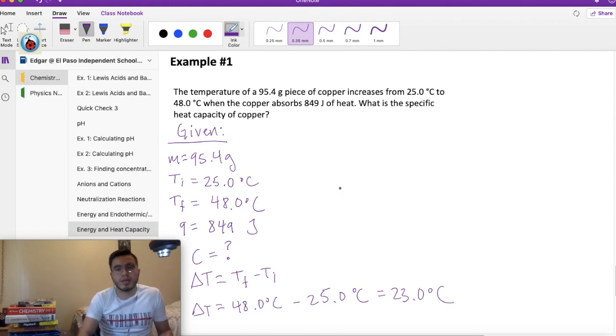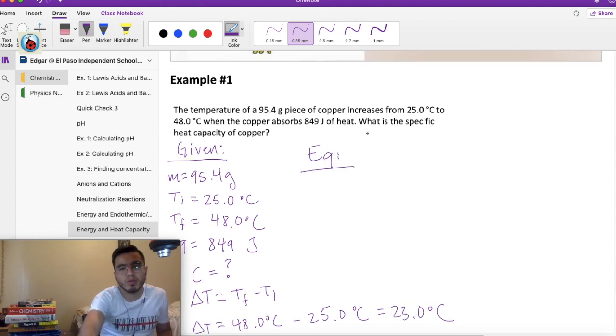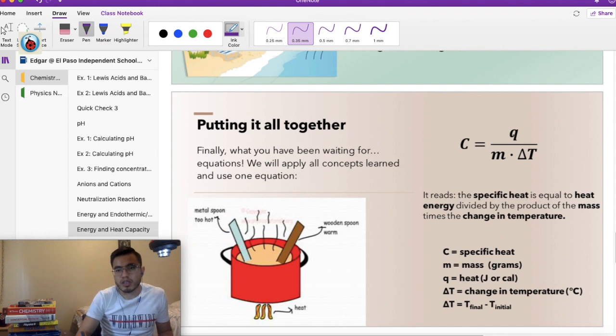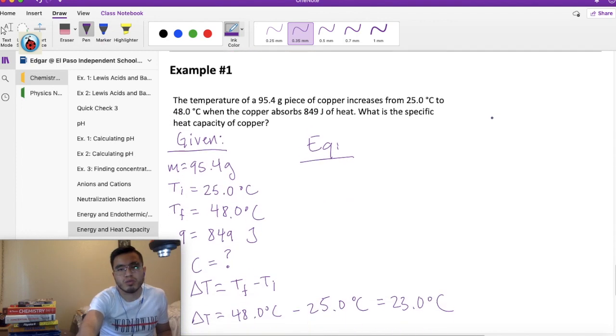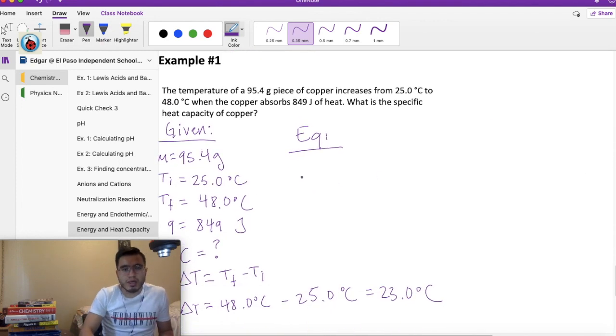Okay, now let's write down our equation. So let me show it to you in case you don't remember which one it is. This one over here. So heat capacity is equal to heat divided by the mass times delta T. Okay, let's substitute.